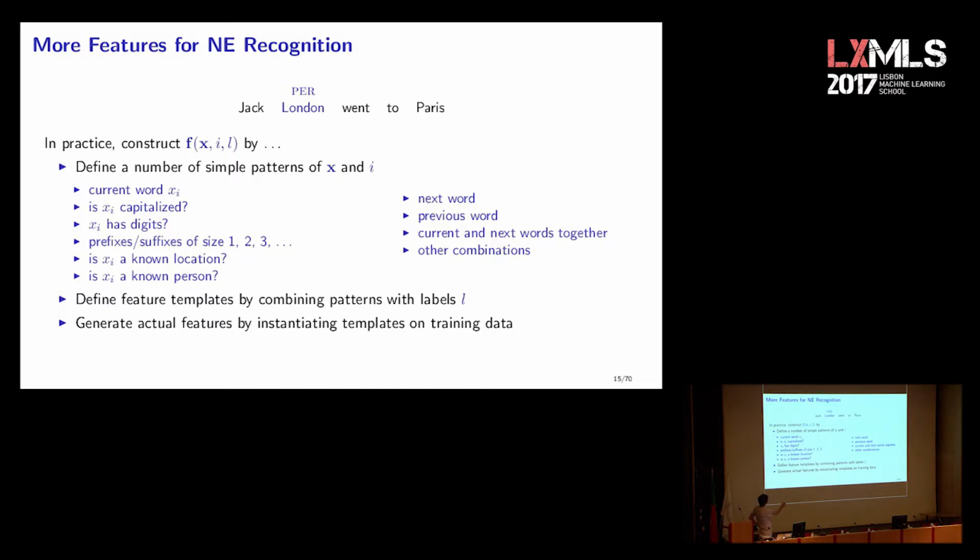The current word, x_i, as we saw, we can take features such as whether the current word is capitalized, does the current word have digits? We can take prefixes and suffixes of our word. We can ask whether our current word is a known location or person, so this is kind of adding knowledge that we might have. Anything you can think about that might be relevant for this task, you can add it here. If it's relevant, chances are that it will improve your method.